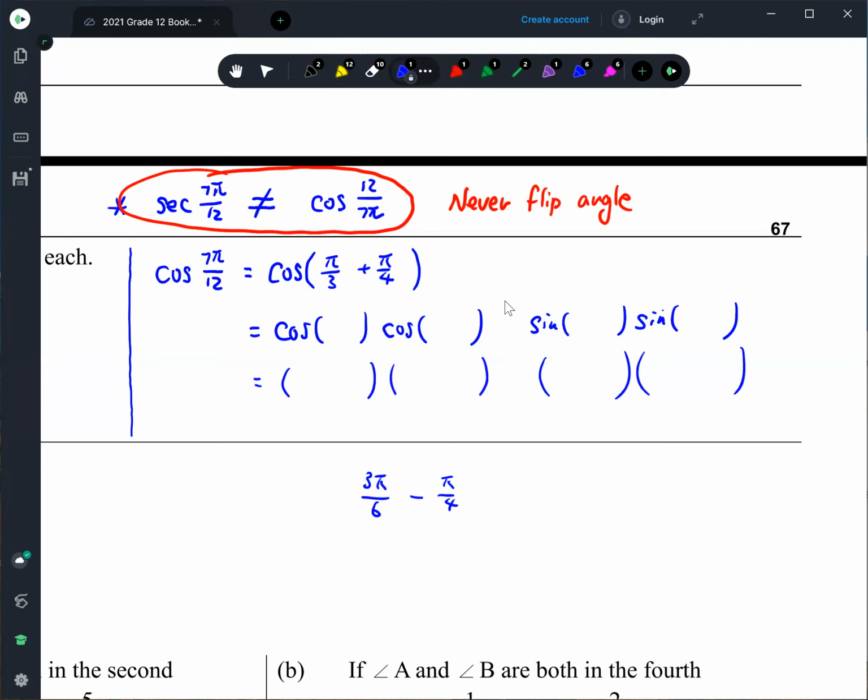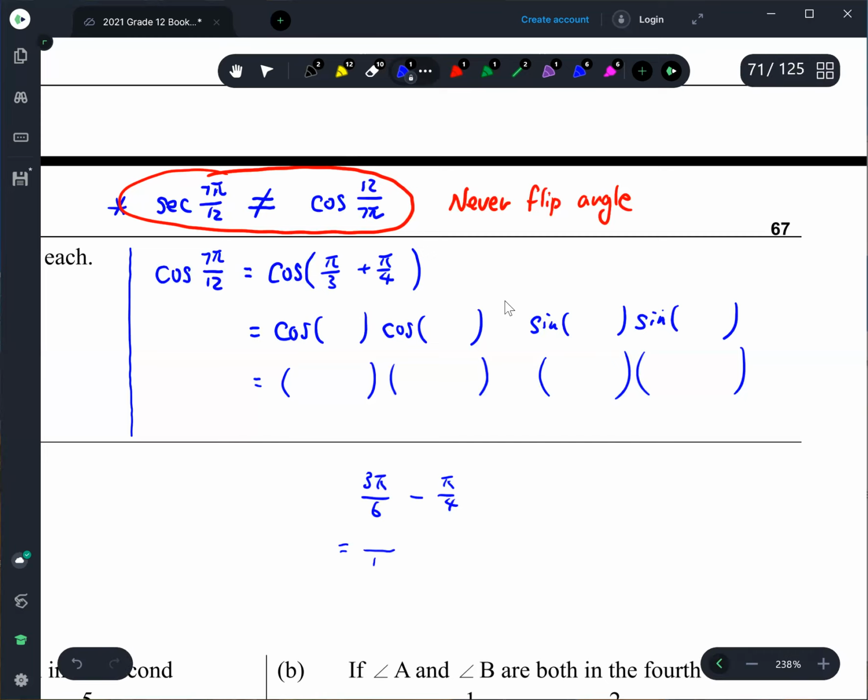So that is 150 minus 45. We're not using degrees, right? Oh no, I didn't change, I just left it as it is. 3 pi over 6 minus pi over 4. Okay, so this one will give you, how does it become 7 pi over 12?